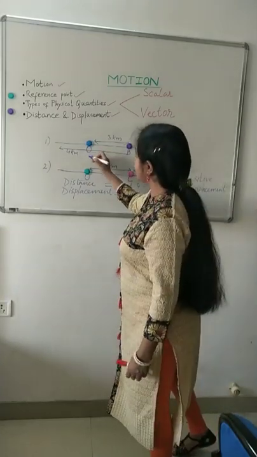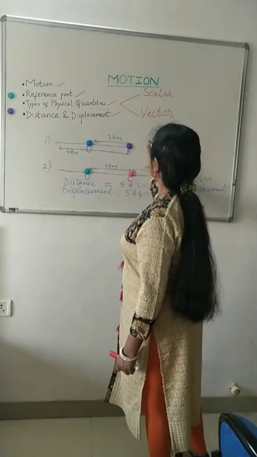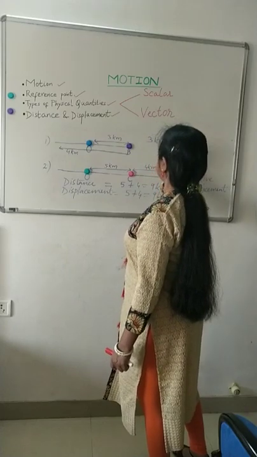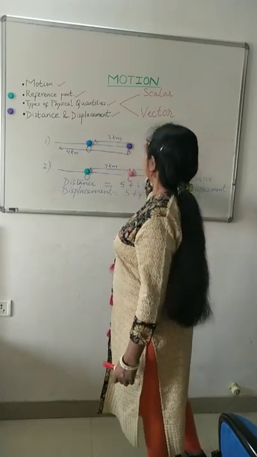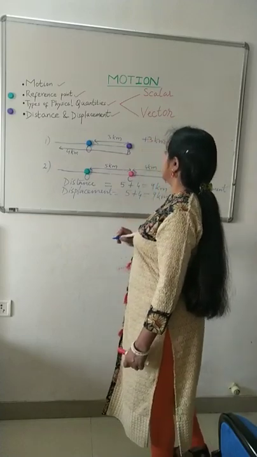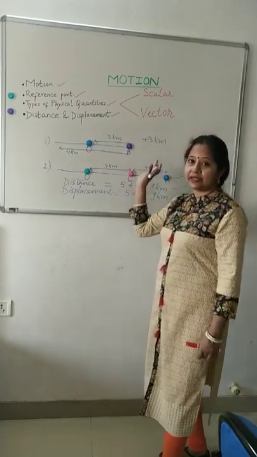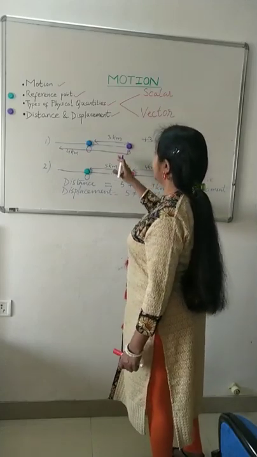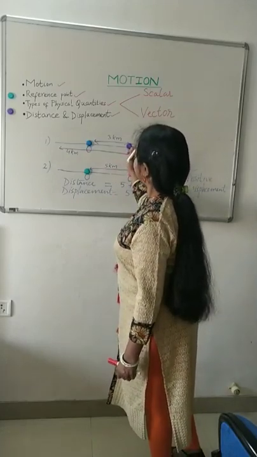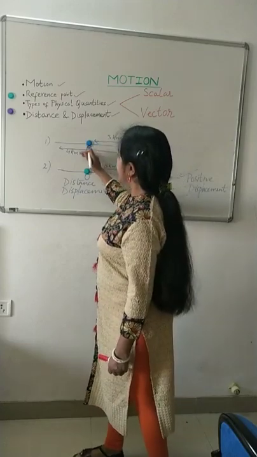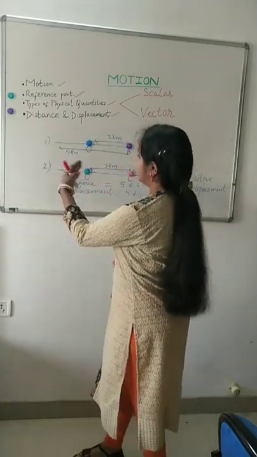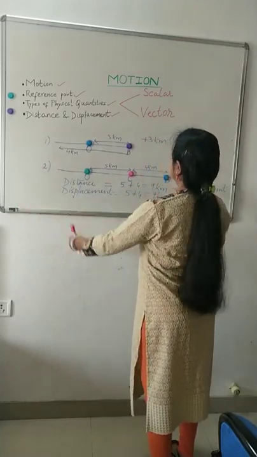Now let us take case 1 where the person moves 3 kilometers towards right. As we have studied in the number line, towards the right hand side we always take positive value, so it is plus 3, whereas he moves 4 kilometers more beyond origin, meaning towards the other side, that is left hand side.